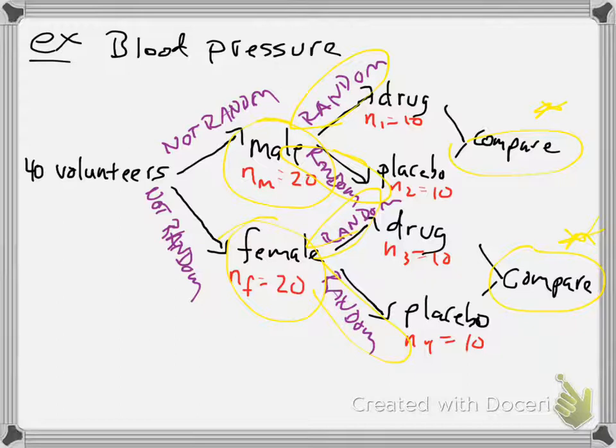So this tells me probably more information than I would have known if I just did a completely randomized experiment, because now I've seen that there's a significant difference in how the drug works in males, and maybe not in the females. I found something that could be of great use for my study.